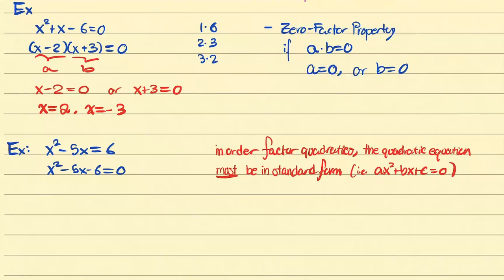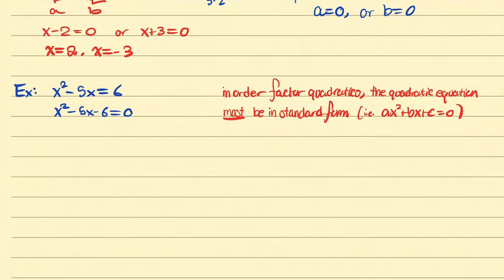Because when we break this sum or difference of terms up into a product of two different terms, then we can say, oh, one of the factors of the product is 0, or the other factor of the product is 0, and that's a true statement.